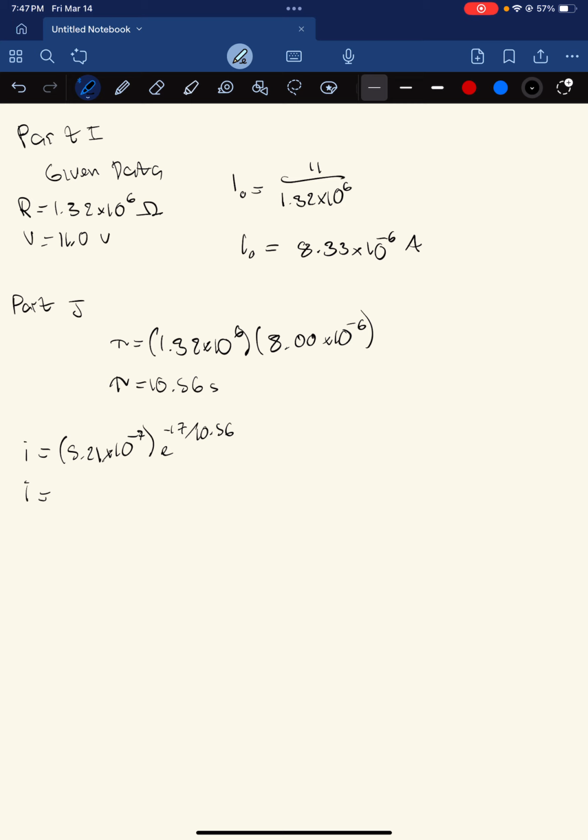All right, let's get that to the calculator. 5.21 times -7, multiplied by e to the -17 over 10.56. And I got 1.04 times -7.